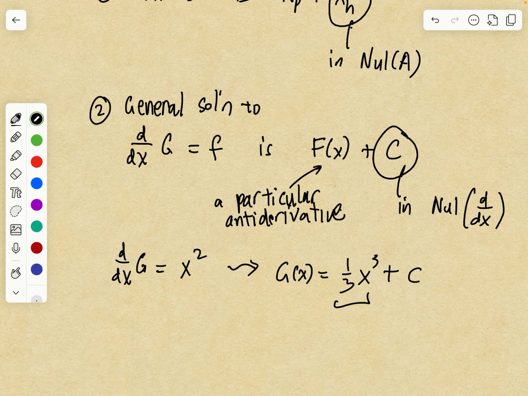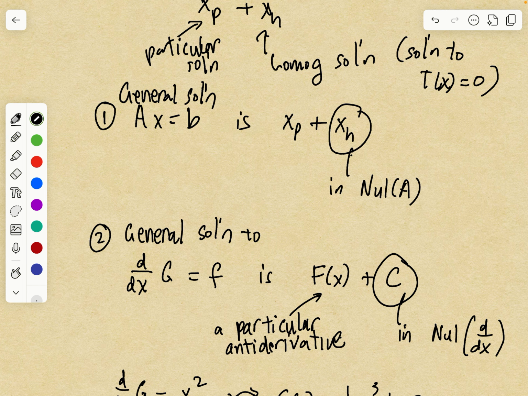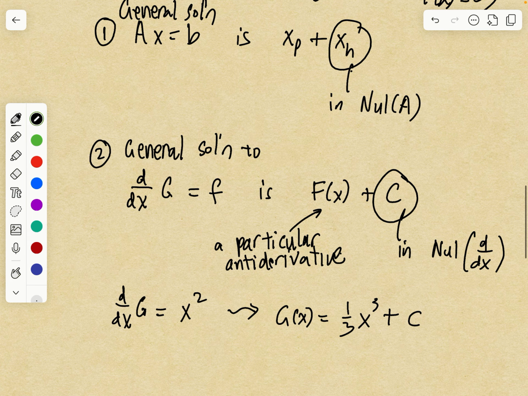This 1/3 x cubed is one function whose derivative is x squared, and then all the other functions are obtained by adding a constant c. So this c is like the null space of my matrix A. Okay.